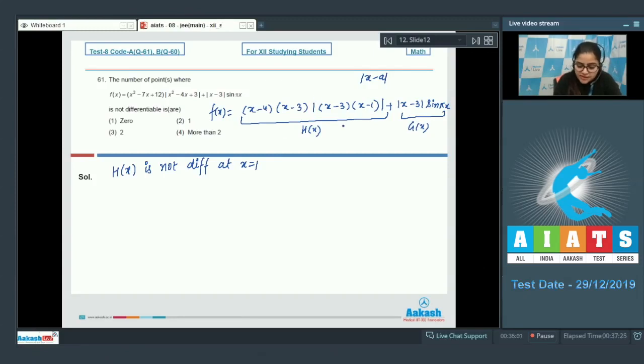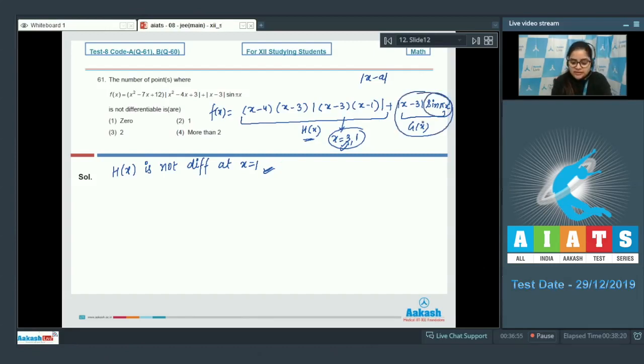So by observing h of x, this function should not be differentiable at x equal to 3 and 1. But you have x minus 3 another factor here. So you have x equal to 3 as a double root. So your given function h of x is differentiable at x equal to 3. So entire function h of x is not differentiable at only x equal to 1.